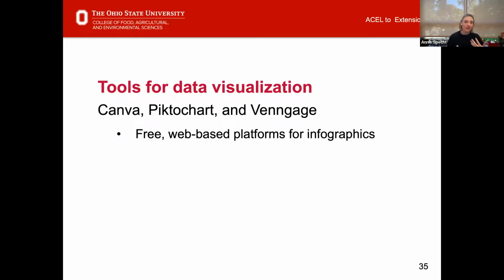So again, these are taking some of the options that we have using things like Adobe Creative Cloud, but putting it on a free platform that I think is a little bit easier to pick up for folks who don't necessarily have a full fleet of Adobe skills. So Canva, Piktochart, Venngage, three really good platforms for creating infographics if you're looking for something free and that's easy to access.